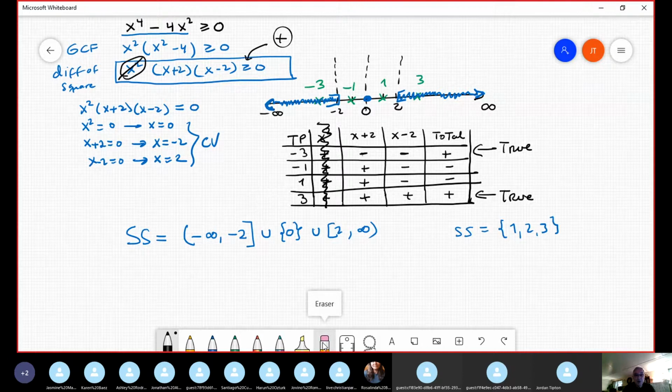The two new things this example brings: number one, sometimes one factor has an even exponent. This is totally deleted. Some factors, when you have an equal sign, include the endpoint in the interval, and sometimes, depending on the problem, we have an isolated point that also belongs to the solution.